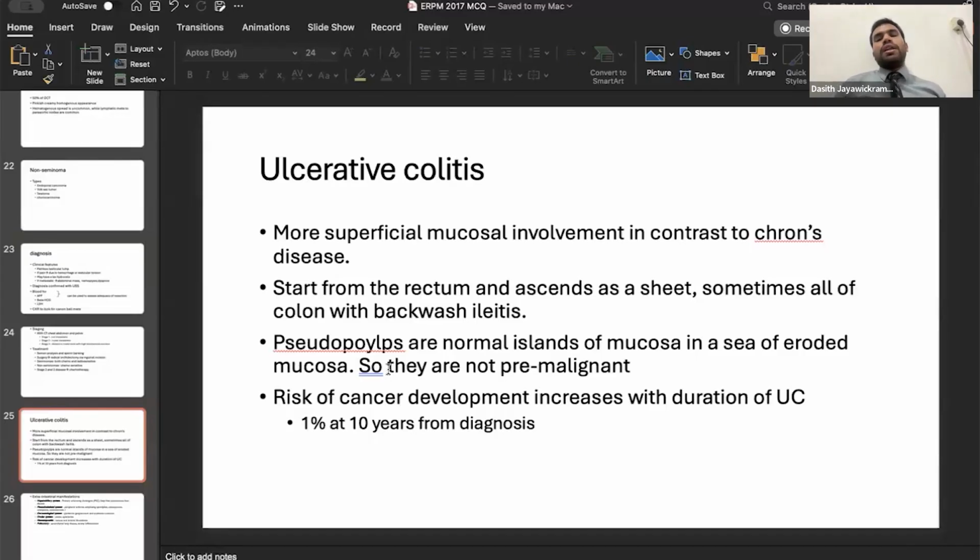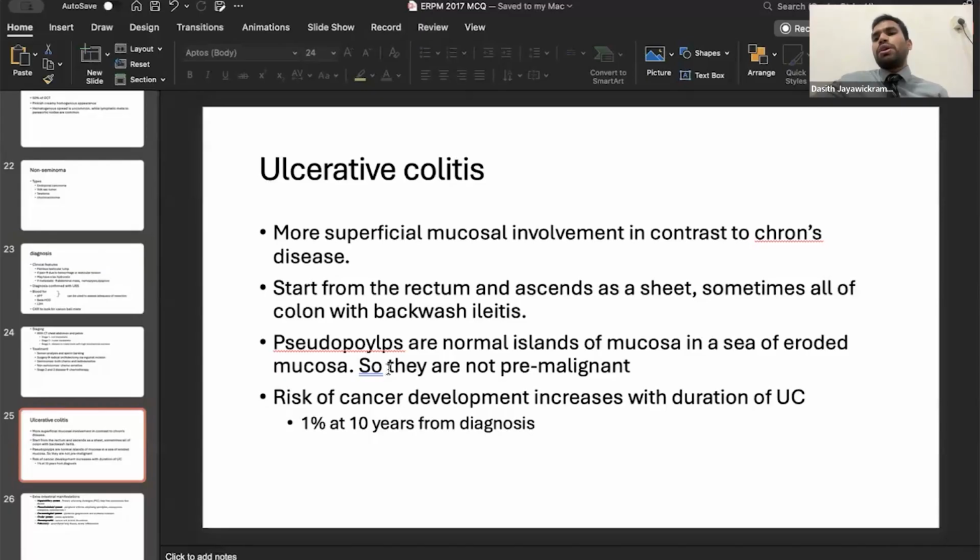The other thing is that ulcerative colitis has a higher risk of developing cancer than Crohn's disease. Why? Because of the concept called the adenoma carcinoma sequence. First, you develop an adenoma, and with accumulation of mutations it develops into carcinoma, and it takes a long time, around 8 to 10 years.